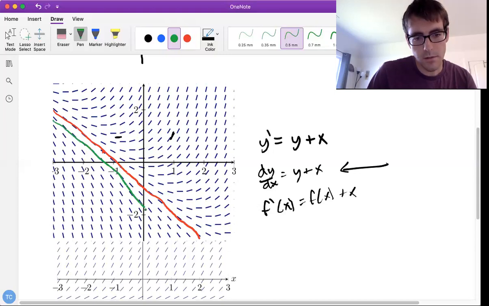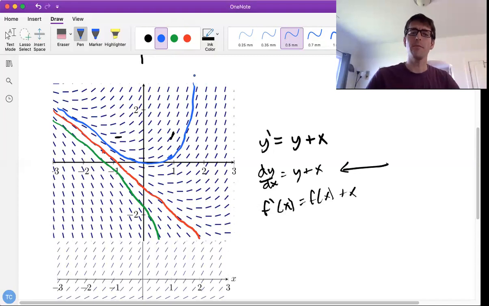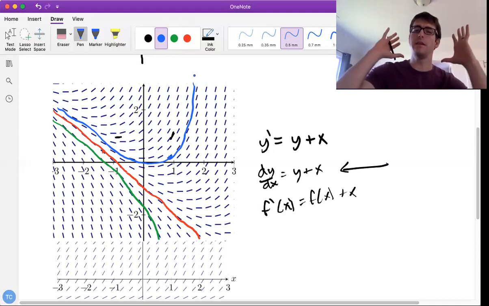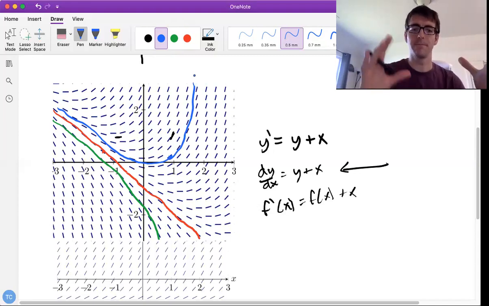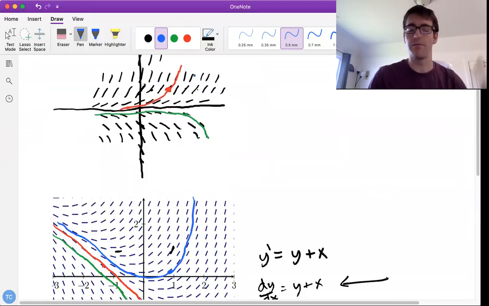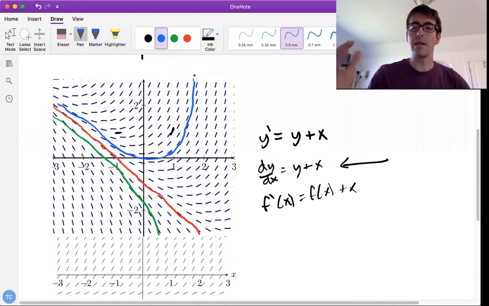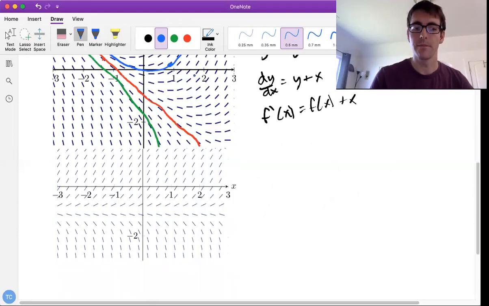It looks like it's going to tail off this way a little bit. Another function that started right here is going to go like that. Please ignore the wavy bits. Anyway, just by starting with the slope field, we can get a sense of what all the functions that meet the condition should look like.